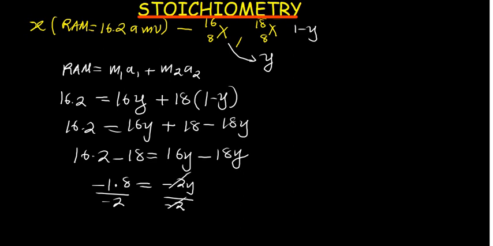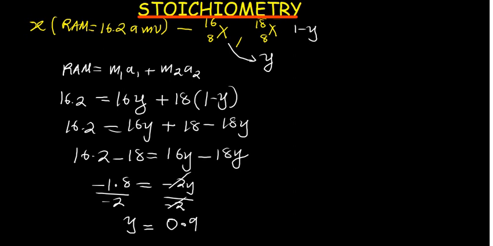Therefore, y is going to give us, let me just punch that again on my calculator. Negative 1.8 divided by negative 2. Okay, so that has given me 0.9. So this 0.9 is a decimal.